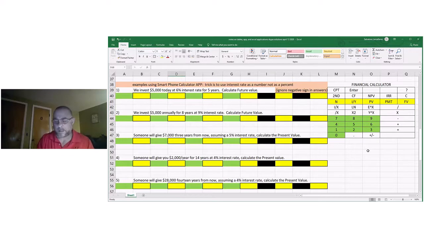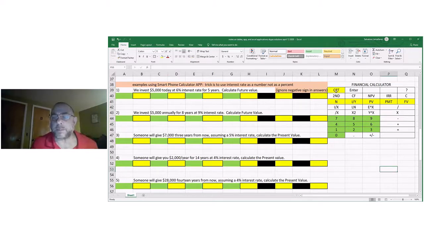There were some things I couldn't put in, like arrows and check marks, even though I could have gone into Wingdings and put them in as symbols, but I didn't feel like it. All right. But if you notice in this financial calculator, there are some important buttons that I have highlighted in yellow.